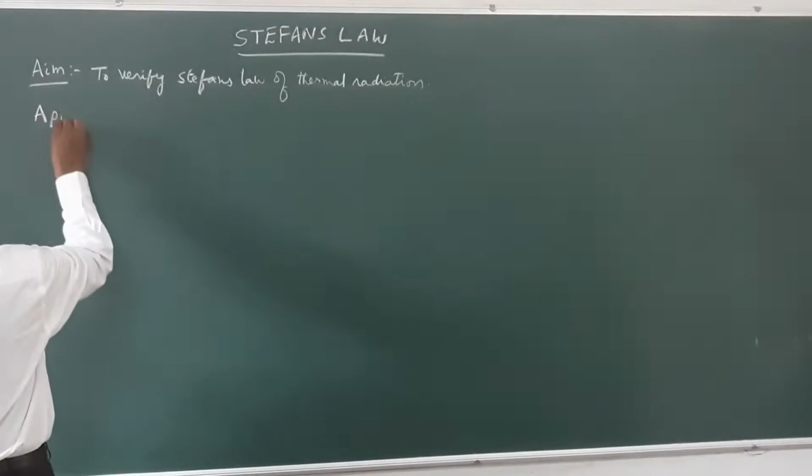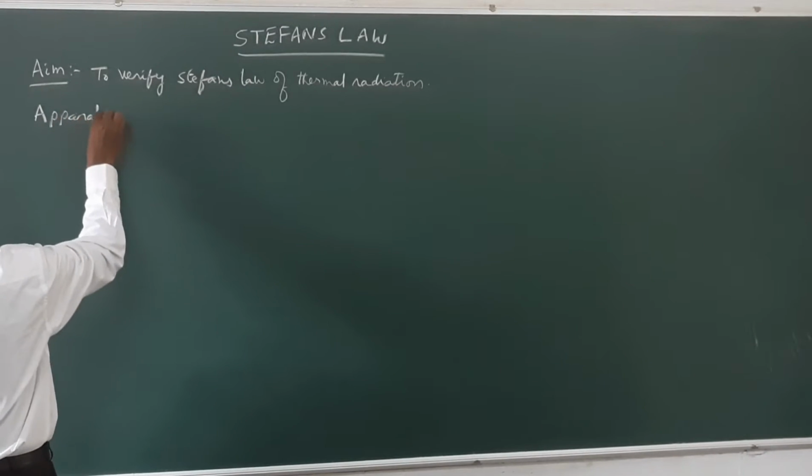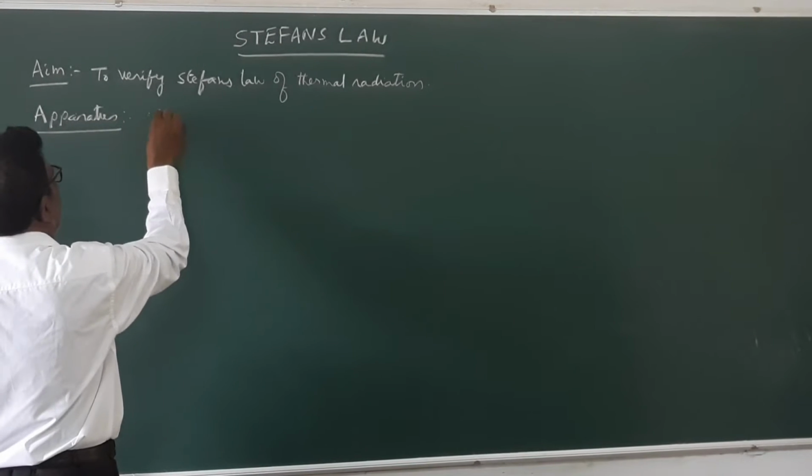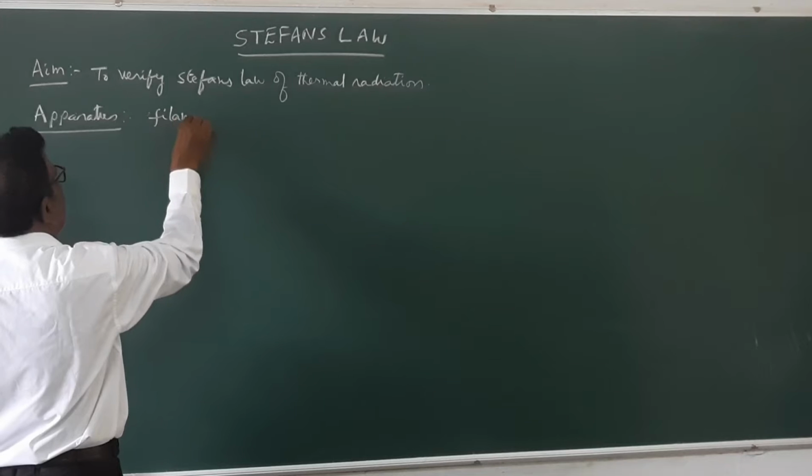So, apparatus. We need a filament bulb, a 6-volt bulb, which we use in our torch lights and so on.